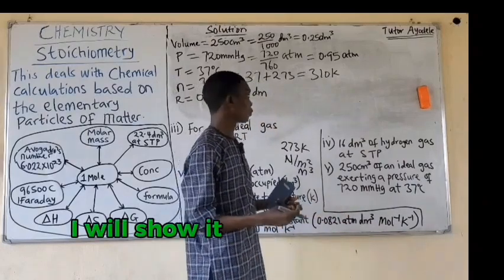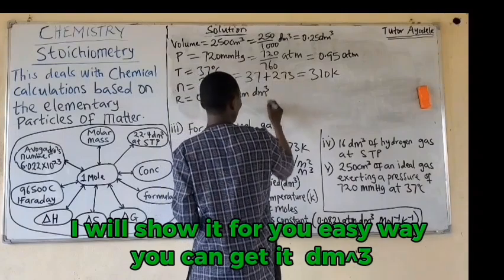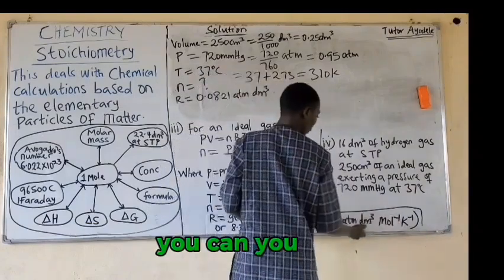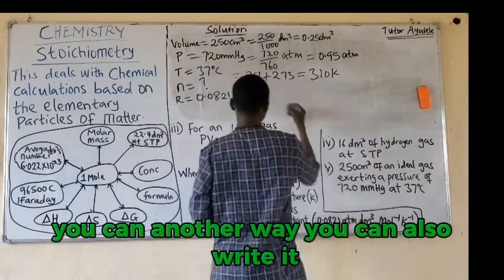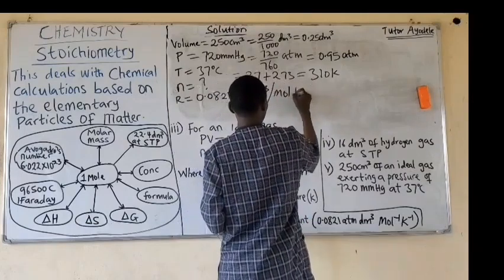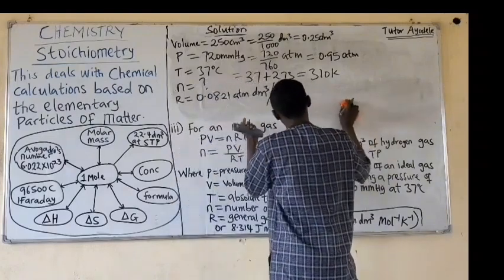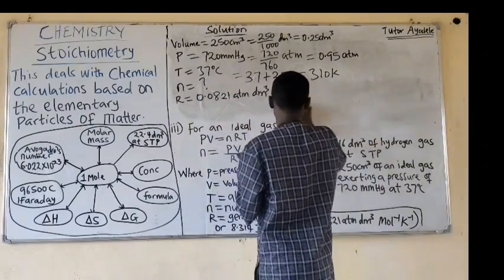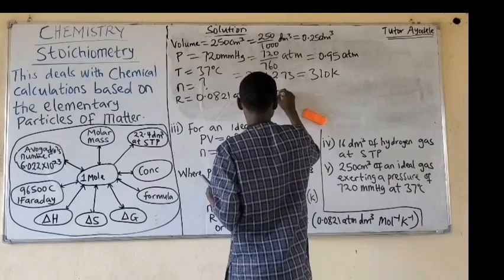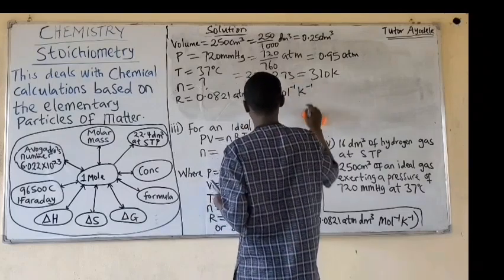I will show you an easy way you can get it. Another way you can also rewrite it is mole Kelvin, still the same. And if you don't want to write it like this, you can also write it like this again, still the same thing, but raised to power minus 1.